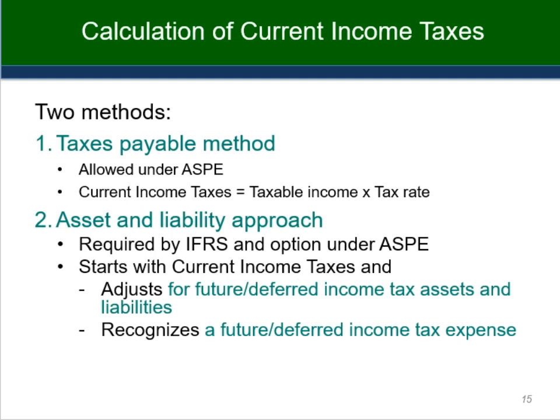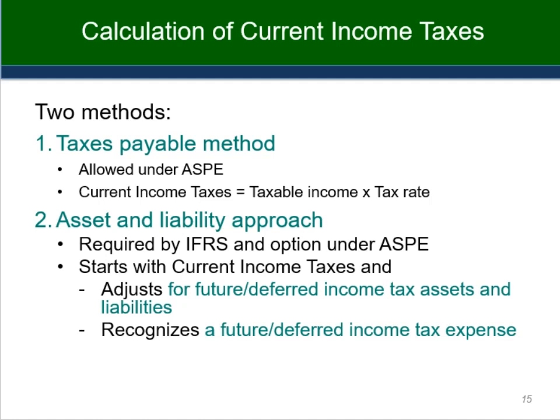So there are two theoretical methods for calculation of current income taxes. One is the taxes payable method, which is essentially the check you write to the government is the amount of your current income tax. So it's essentially just the taxable income times the tax rate. This is allowed under ASPE, not under IFRS, because it doesn't account for future tax implications of transactions in this period.